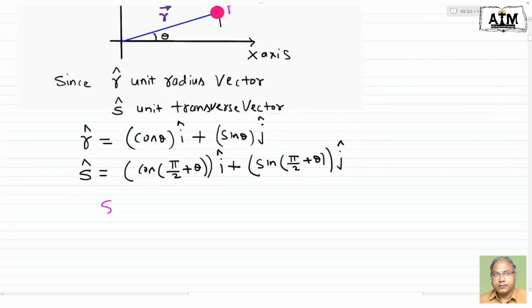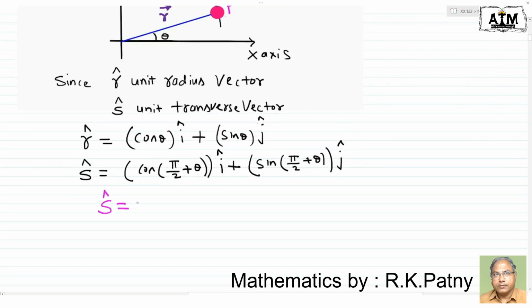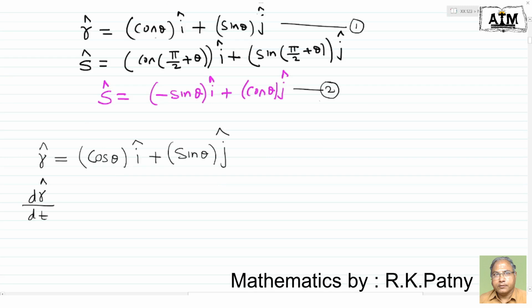S cap can be further simplified: S cap equals cos of 90 plus theta, which is minus sin theta, I cap plus sin of 90 plus theta, which is cos theta, J cap. So S cap equals minus sin theta I cap plus cos theta J cap. Call R cap equation 1 and S cap equation 2.